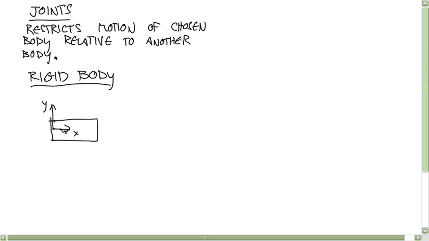So it can move in translation along the x-axis or translation along the y-axis. And it has 1 degree of freedom in rotation. It can rotate this way, okay? In 2 dimensions, this thing can't rotate about the x-axis or the y-axis.